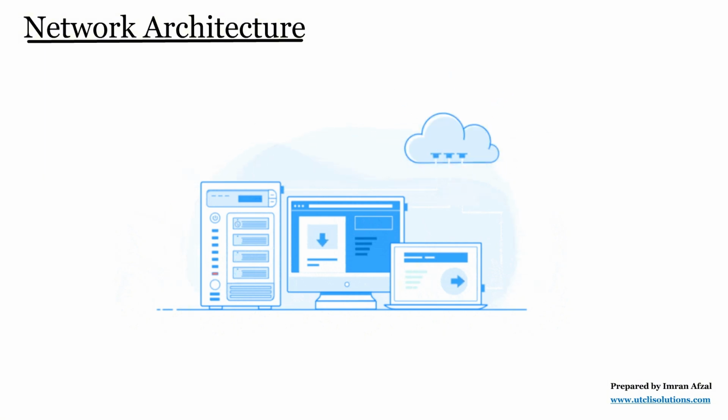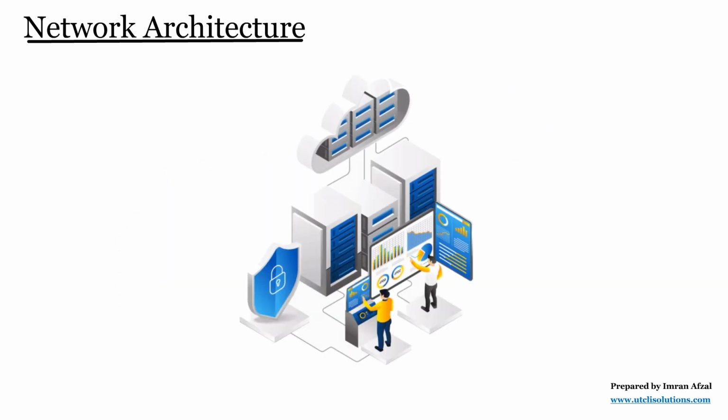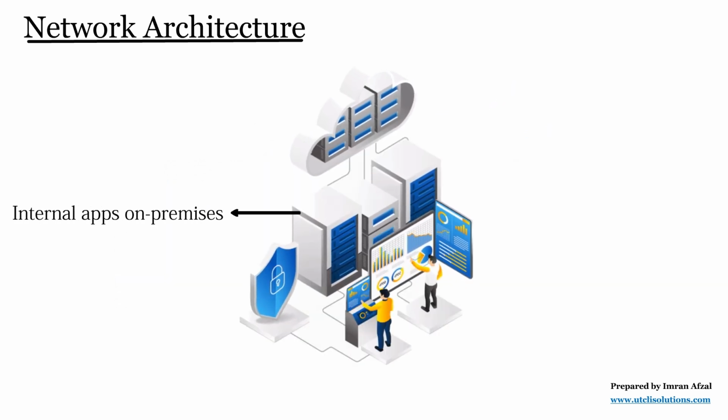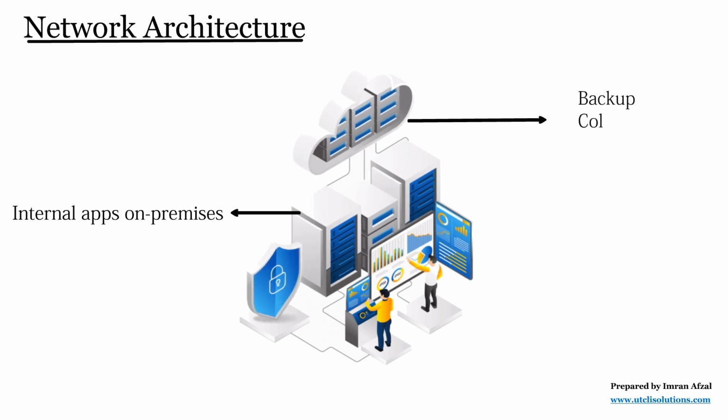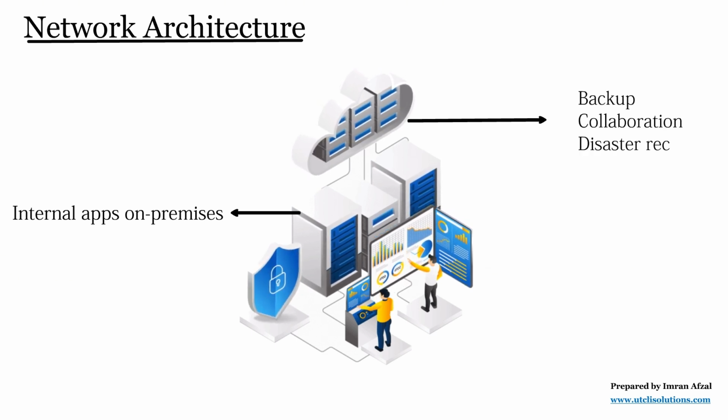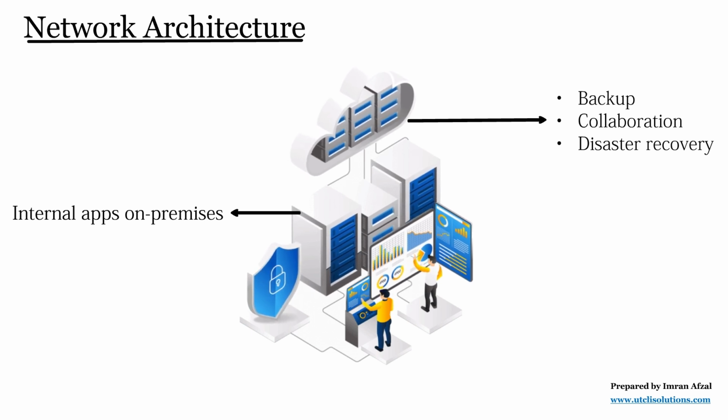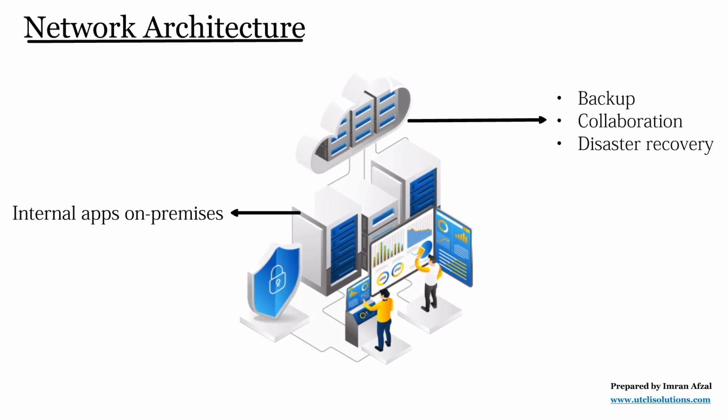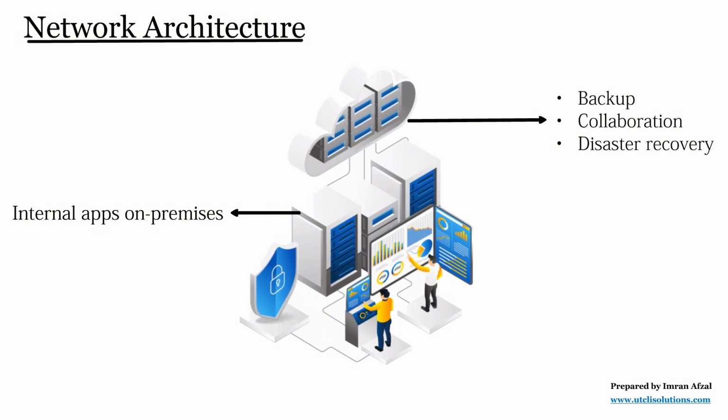Modern networks often blend both approaches. For example, a company might host its internal apps on premises but use the cloud for backup, collaboration, or disaster recovery. Now you have a solid foundation for understanding how networks are physically and logically built.